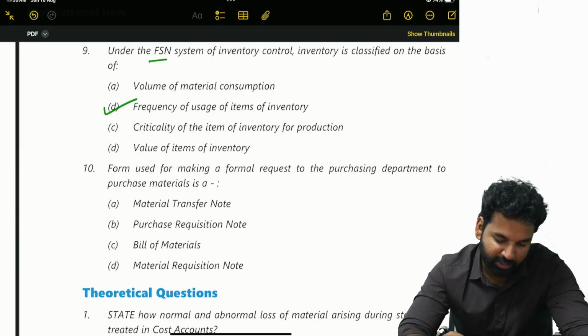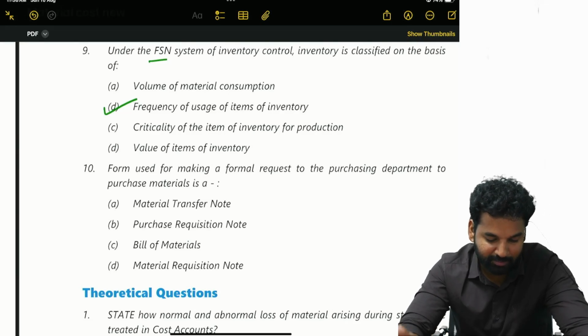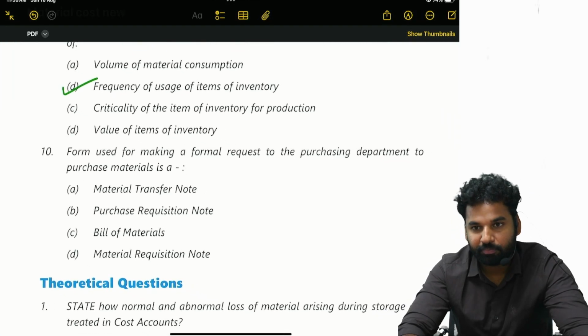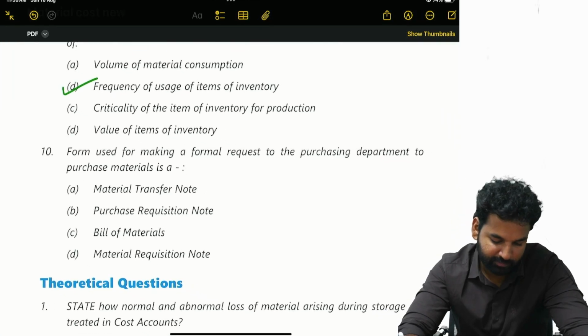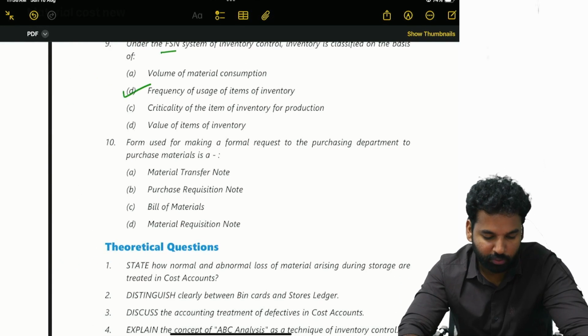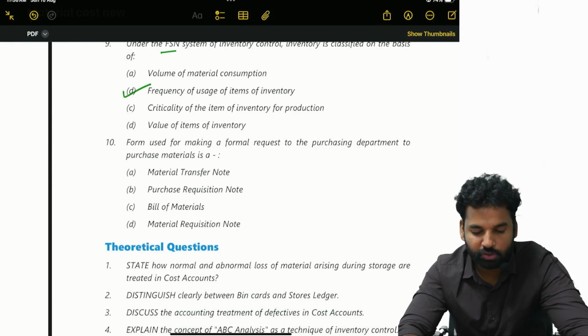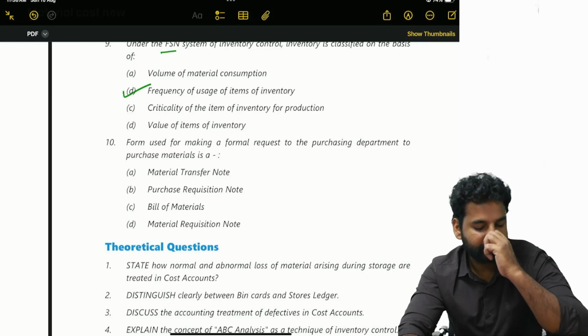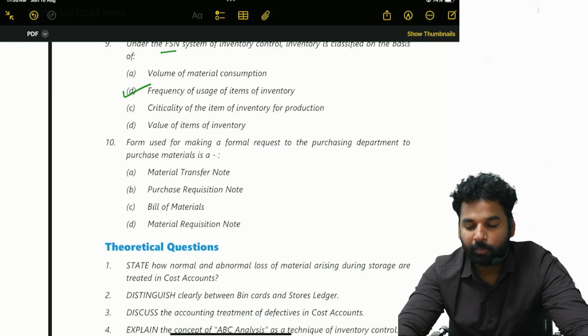The form used for making a formal request to the purchasing department to purchase the material is purchase requisition note or material requisition note.